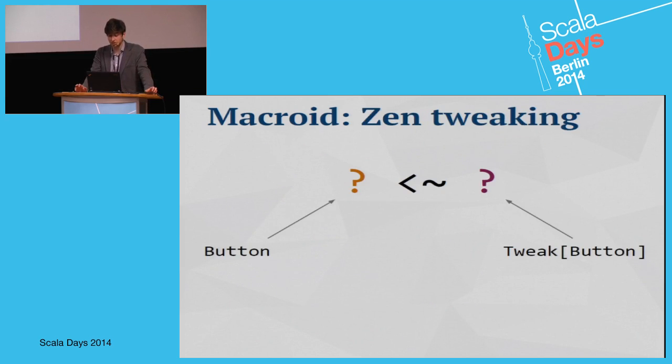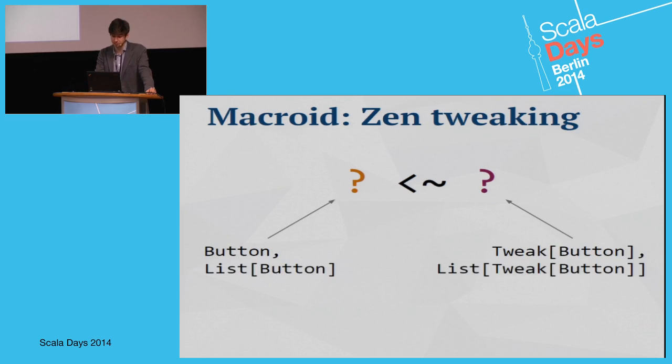But if we go back for a bit, this tweaking thing, we really used it to configure a button with something which was a tweak of a button. But if we think, we could actually tweak a list of buttons, for example. So we can take a list of 10 buttons and hide them just in one command.